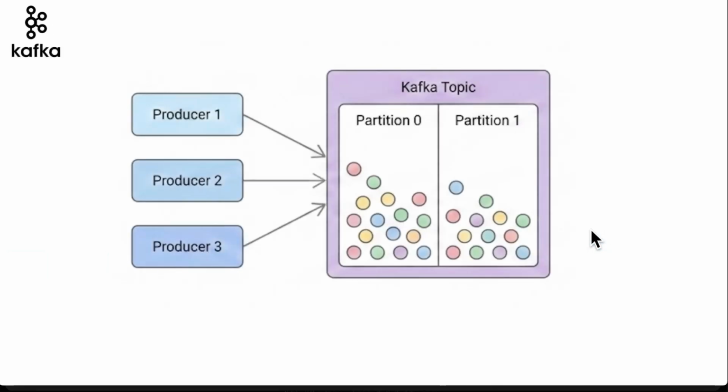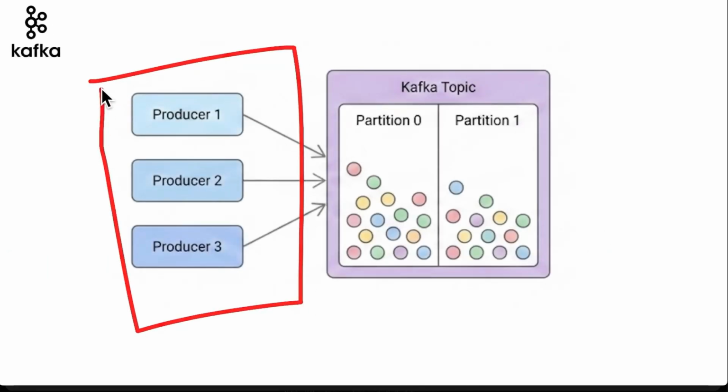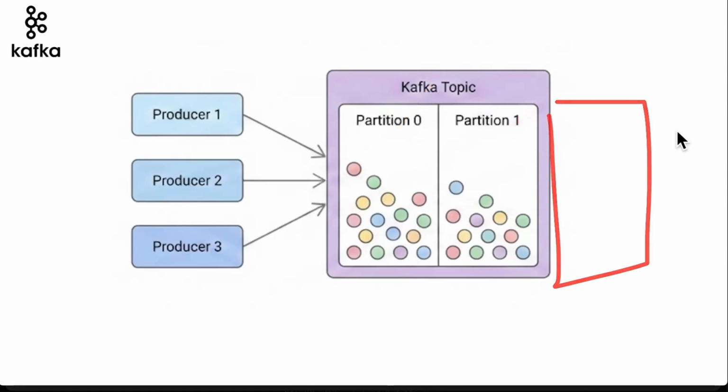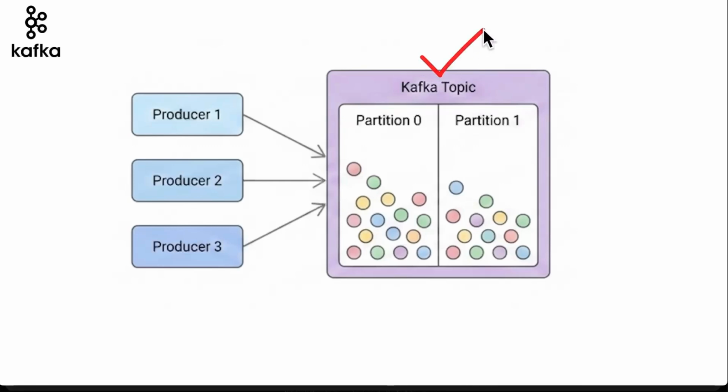And the problem arises when there are a number of producers, and they produce messages to the same Kafka topic. Think you have partition 1 and partition 2, just indexed as 0 and 1. You can have another partition here, and any number of partitions depending on how the Kafka admin has configured them. So think for now one Kafka topic and two partitions.